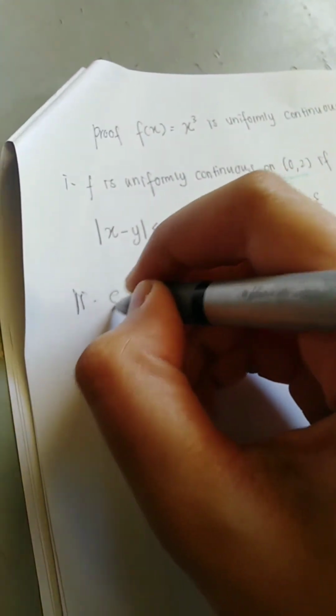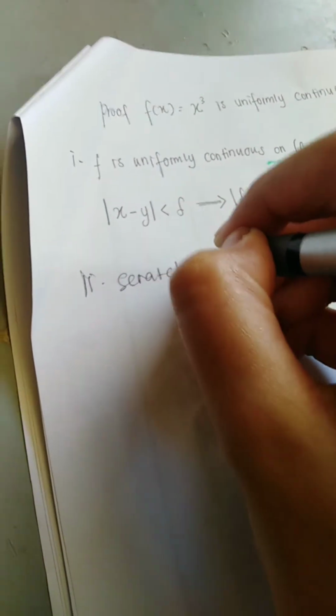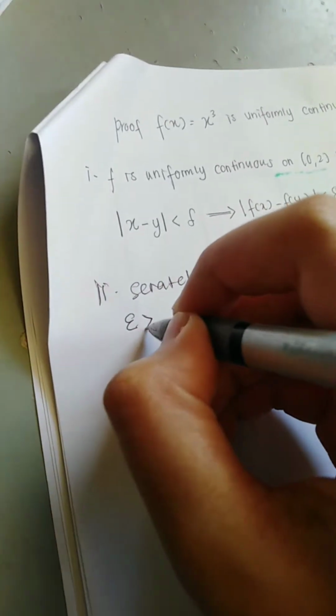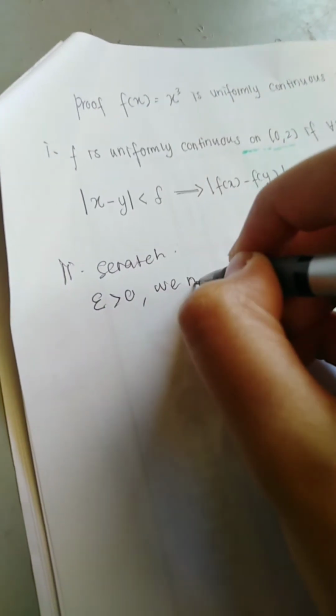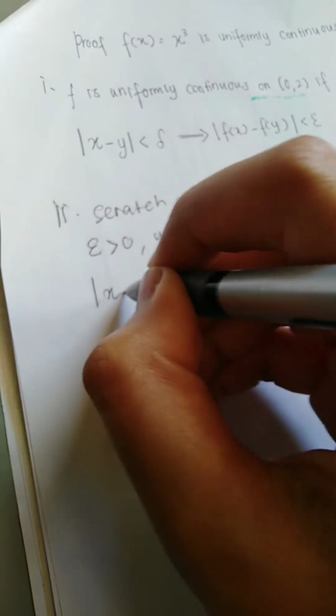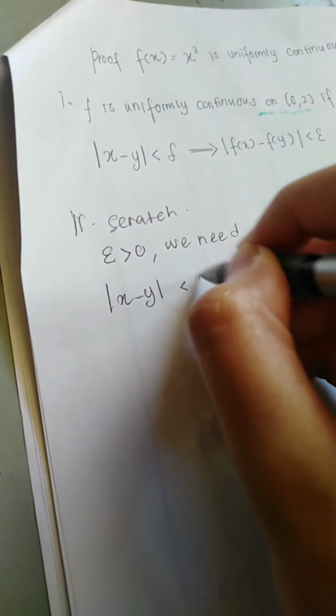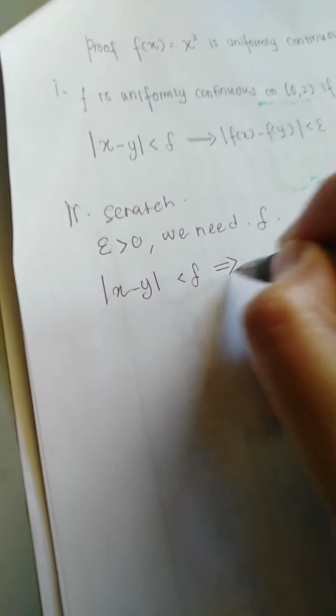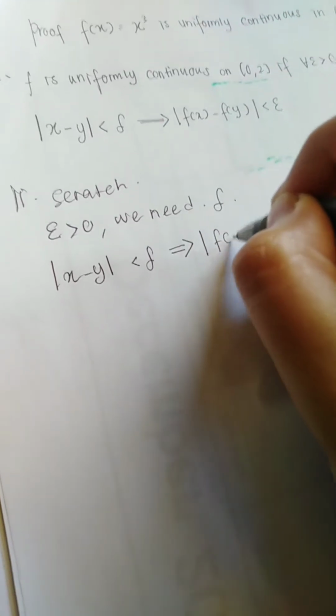Alright? So next, we have to do scratch work. For epsilon greater than 0, we need some delta such that the absolute value of x minus y less than delta implies the absolute value of f(x) minus f(y) less than epsilon.